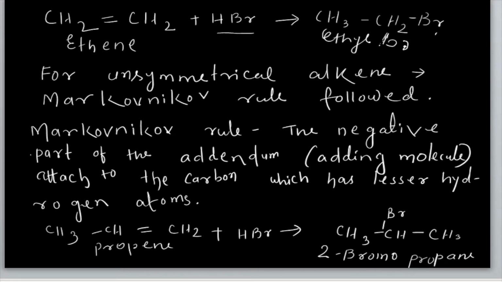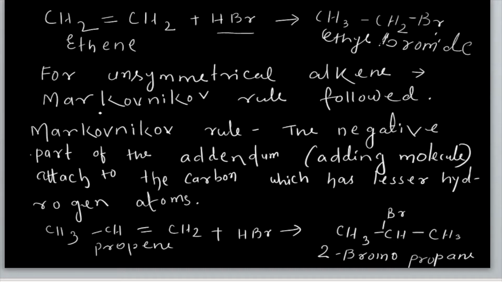That means there is no difference if you add hydrogen on left or right side. The product is always CH3, CH2, Br, whether the Br comes to right side or left side, because it is a symmetrical alkene. For symmetrical alkene, there is no problem.